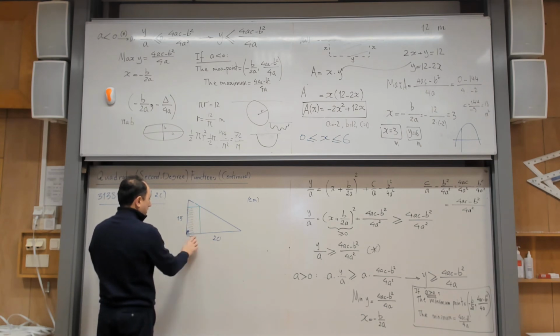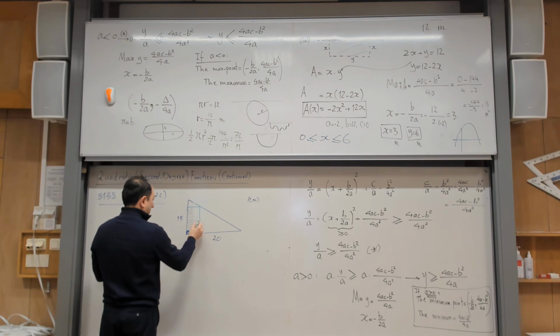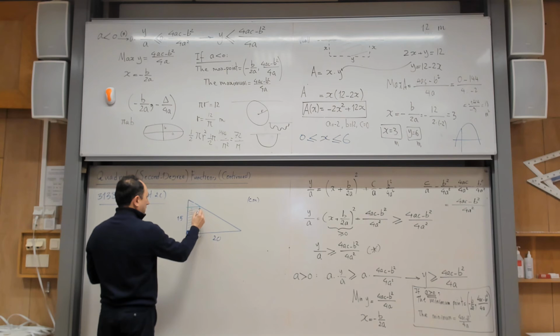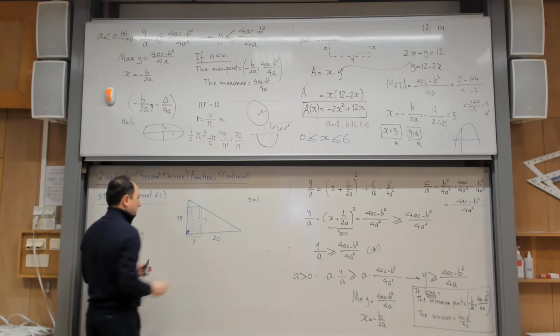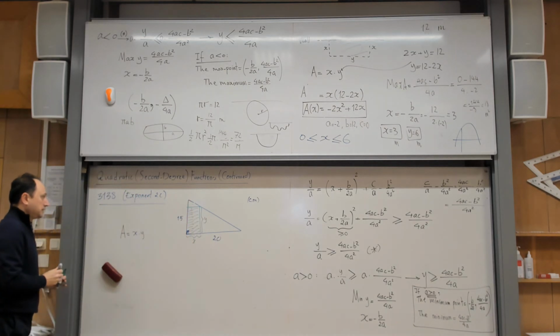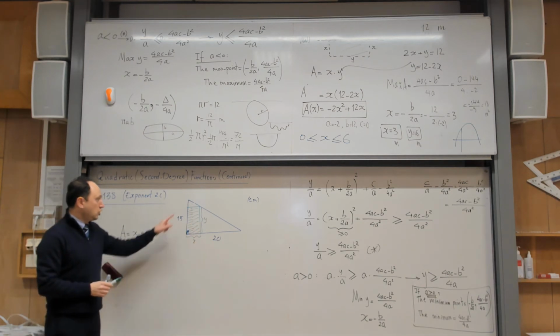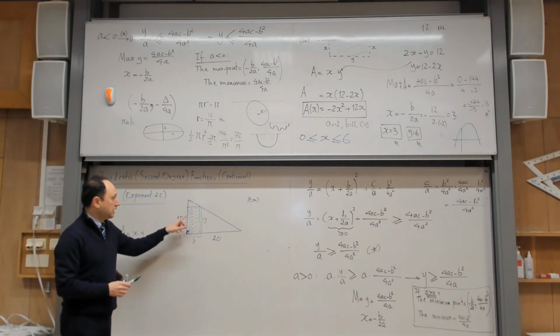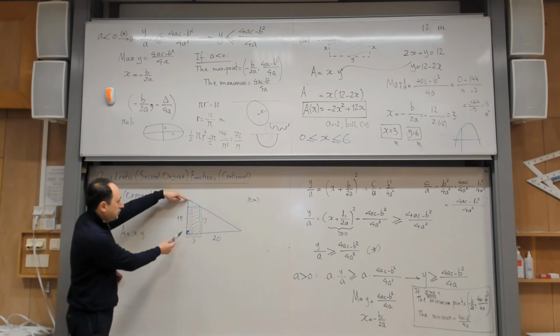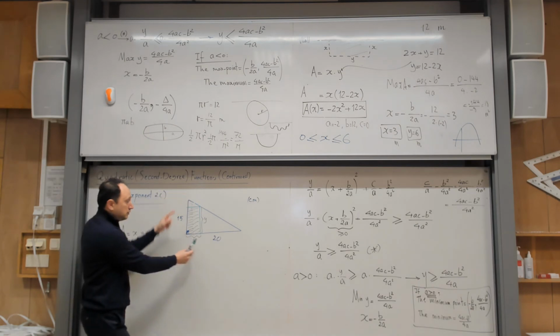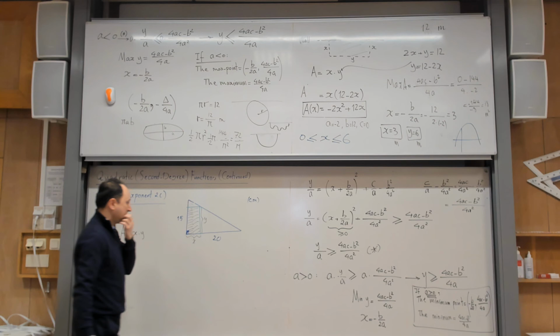Okay, so from here to here is x. From here to here is x. From here to here is y. I want to find a relation between x and y, knowing that this is a right angle triangle, and from here to here is 15, from here to here is 20.